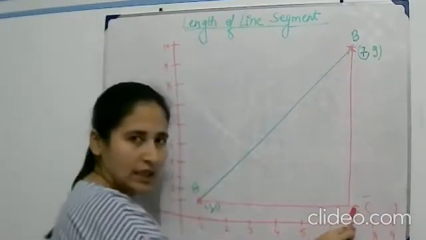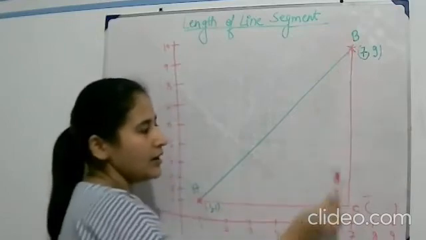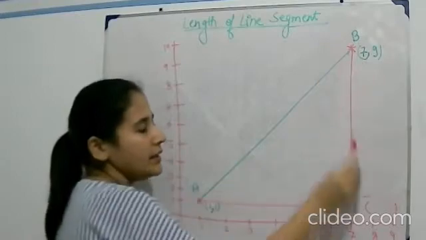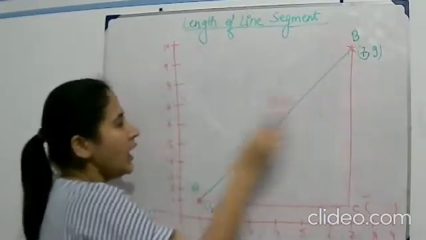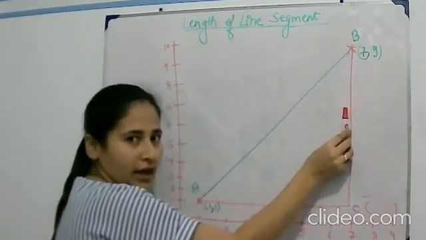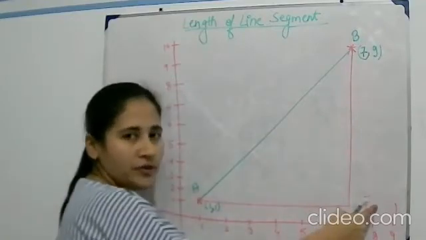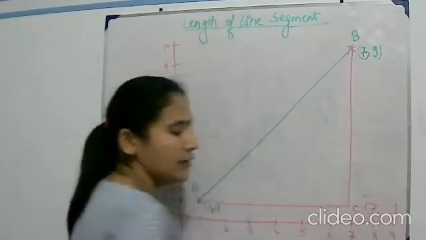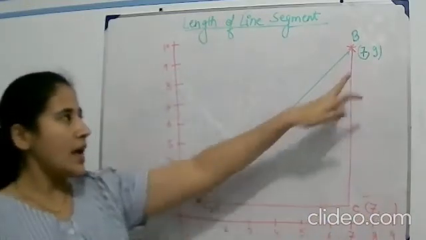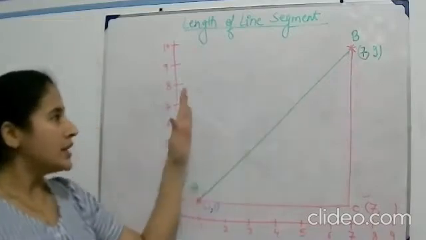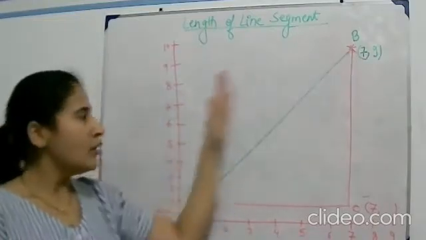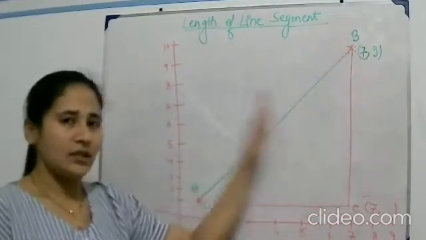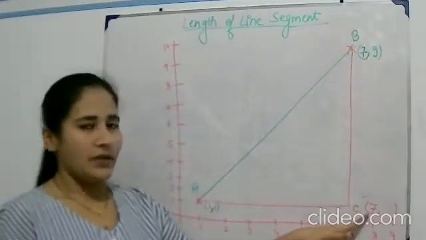Because C and B are at the same distance from the Y axis, the X coordinate of C and B will be the same. So it will also be 7. Because the X coordinate is the distance of a point from the Y axis, and B and C are at the same distance from Y, so it is also 7.